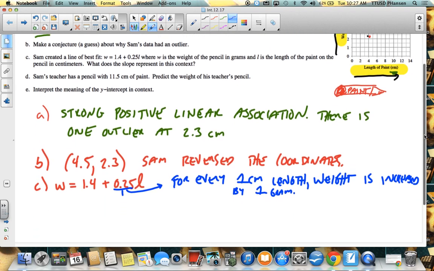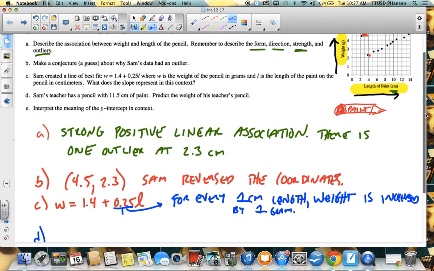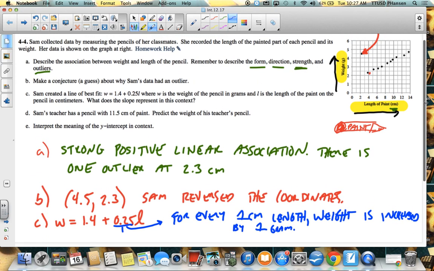So I'm going to scroll up here a little bit, and I'm looking at part D. Part D says Sam's teacher has a pencil with 11.5 centimeters of paint. Predict the weight of his teacher's pencil. So if we were to think about a line on this approximately like that, 11.5 is about right there. My pencil was off by a little bit. So it's right around 4 grams, a little less than 4 grams.